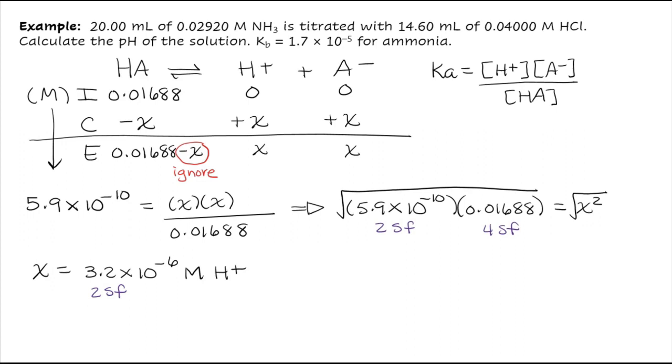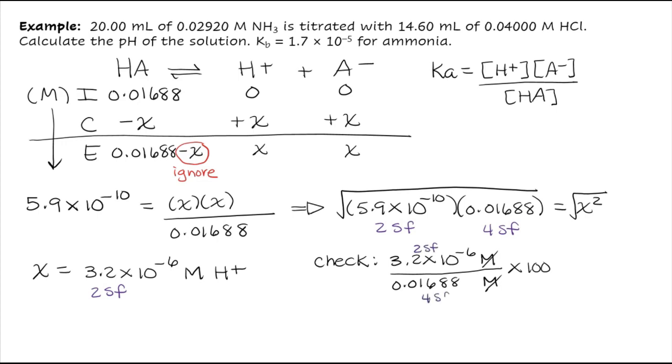Before we calculate the pH, we need to check that our assumption to ignore the change in X was a valid assumption. So we check this by taking the X that we calculated, 3.2 times 10 to the negative 6 molar, divided by the HA molarity, 0.01688 molar, times 100. The units of molarity will cancel, and after we multiply by 100, we'll be left with units of percent. The sig figs in the numerator are 2 sig figs.